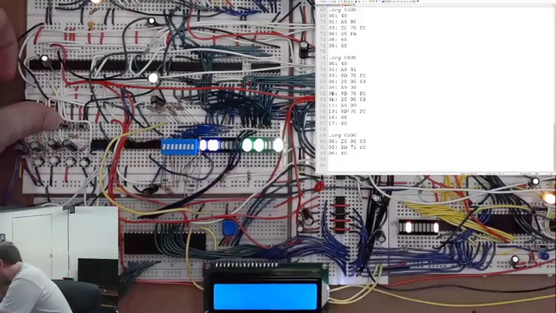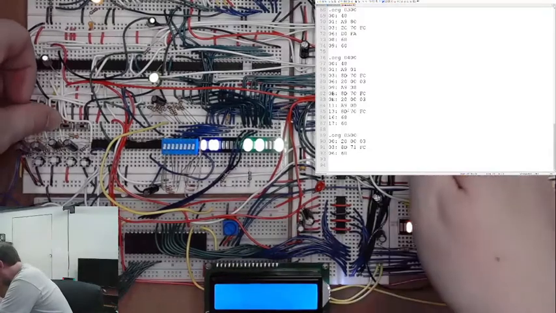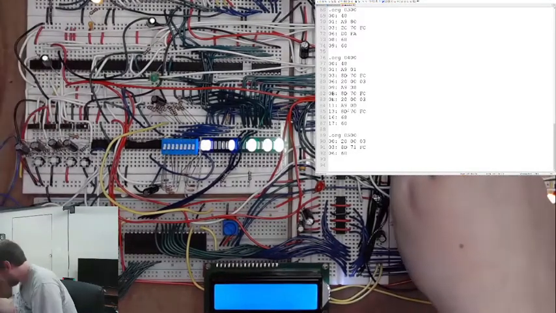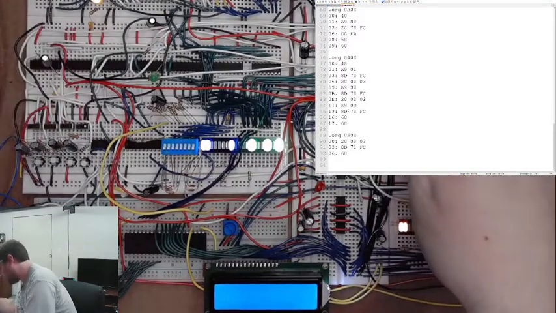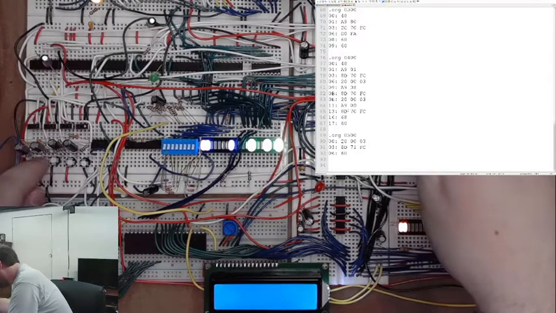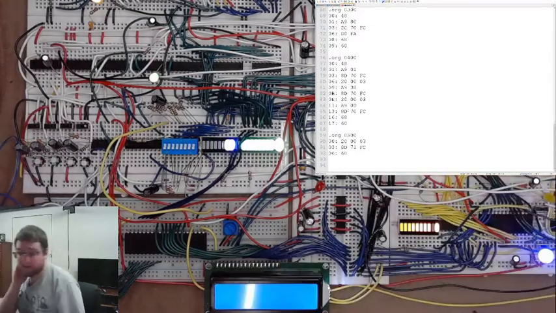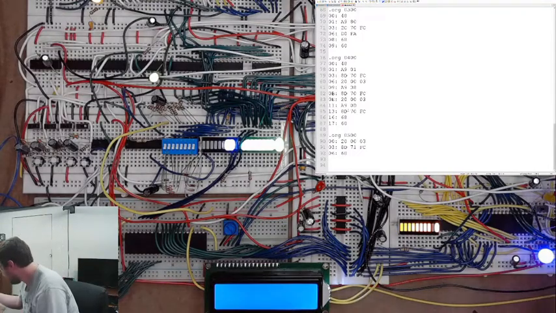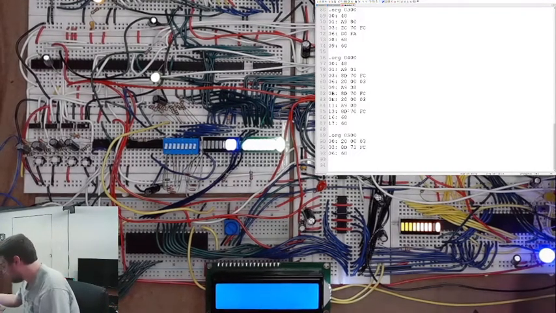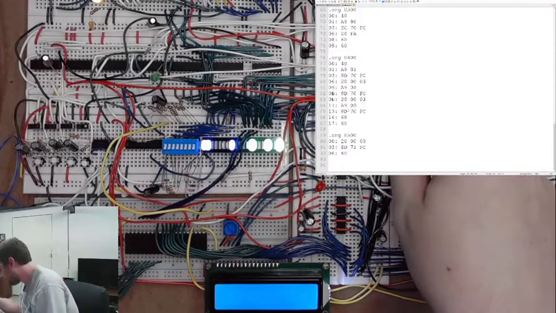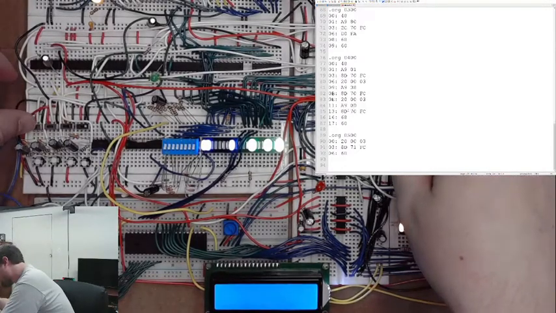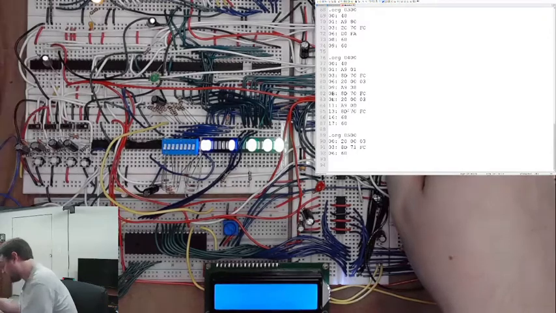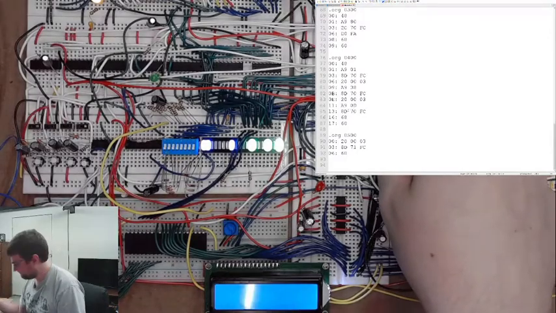Now we can disable the bus and allow the processor to take over again. We'll go ahead and reset it. There's reset. Now we should be able to let it run. And we will see what happens.